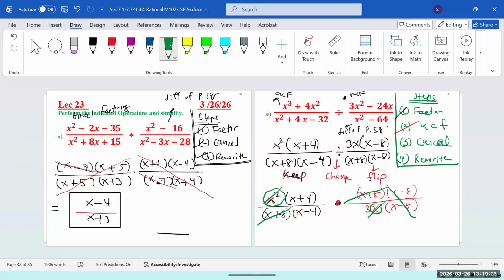And what is left after the cancellation? Yeah, but x squared and x, when you cancel them, where is it left, on the numerator or denominator? Numerator. We have x squared, you cancel x, you get x on the top. So x plus 4 on the numerator. 3 and x minus 4.